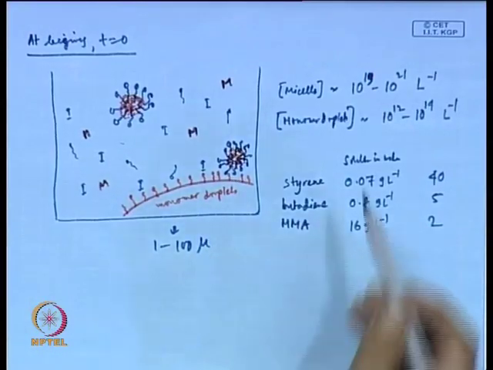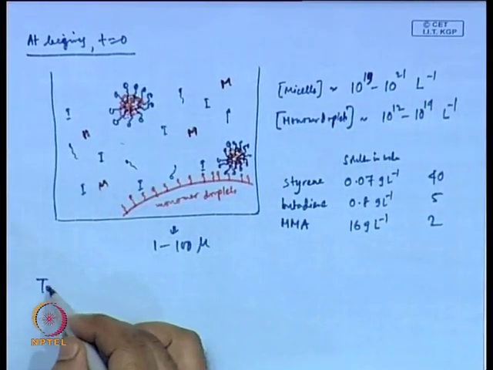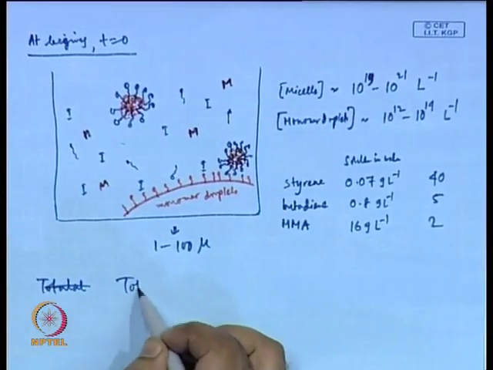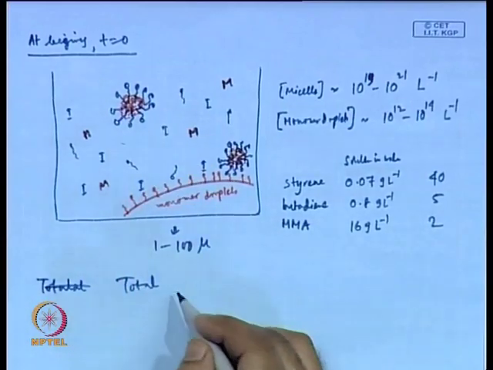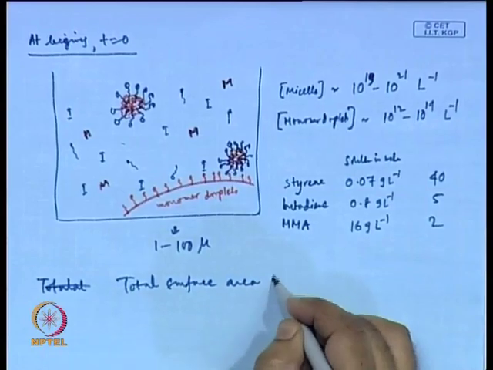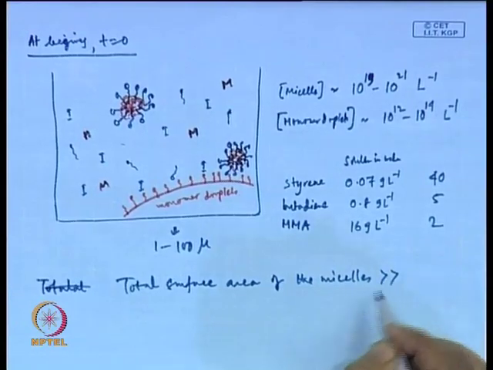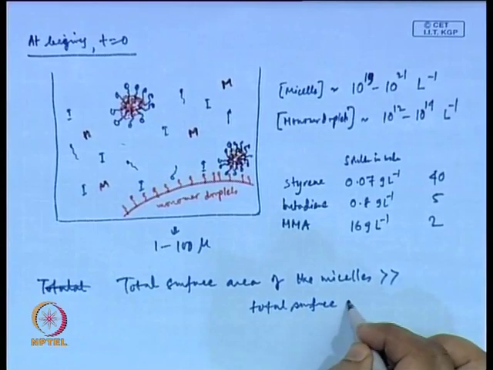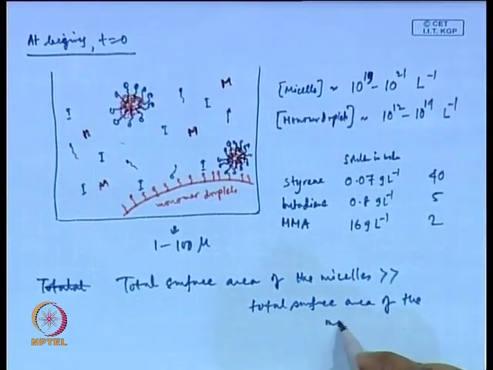So, if you compare this number and the size, the total surface area of the micelles will be much greater than the total surface area of the monomer droplets.